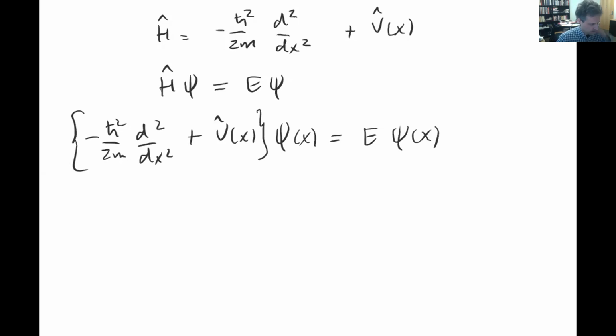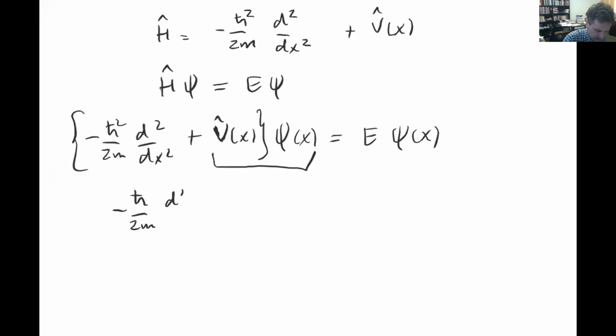I'm going to first take this part and move that to the right-hand side. The potential energy term, I'm going to move to the right-hand side because it's linear. There's no differential in there. If I assume that this potential energy is some kind of constant, then I can move it to the right. So that's what I'm going to do.